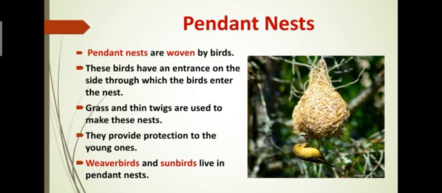In this nest, the bird has an entrance on the side through which it enters the nest. This is made of grass and thin twigs, and it provides very good protection to the young ones.